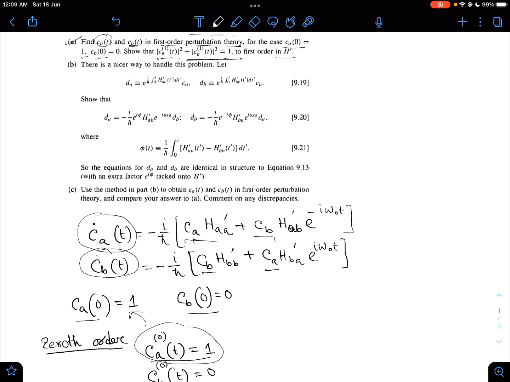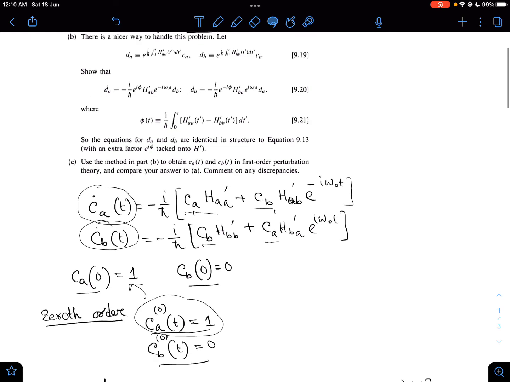So we are assuming this. We are given two quantities d_A and d_B, which are defined in this way. We have to show that their time derivatives follow these two equations, and this phi is given like this. So let us proceed.